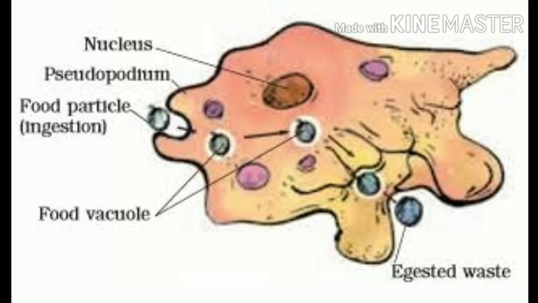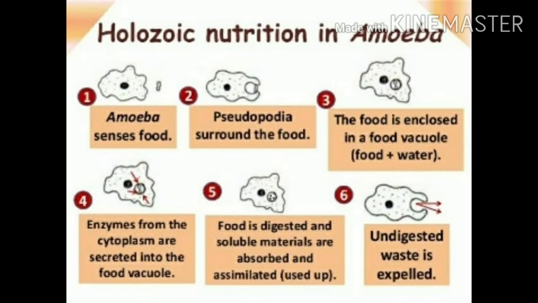Now as the amoeba starts sensing food, it starts creating a false foot or a finger-like projection towards the food, known as pseudopodia. Slowly and steadily the pseudopodia surrounds the food particle and engulfs it or encloses it into a food vacuole, that means food plus water.